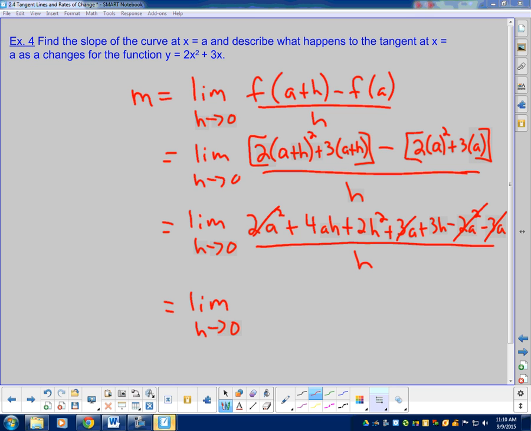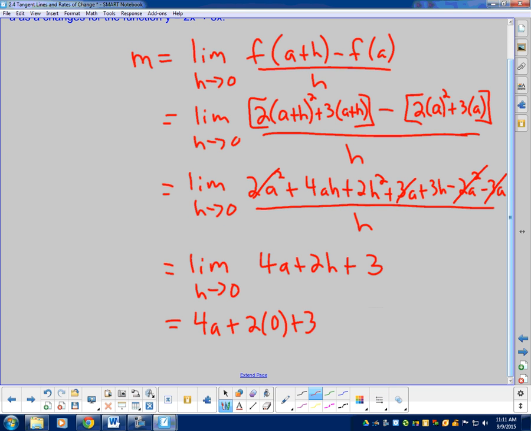It's okay. We have 4a plus 2h plus 3. Did I get it right there? Over 1, so we don't need to even write that. So there it is. And then my final step is plug in 0. So this equals 4a plus 2 times 0 plus 3, which is 4a plus 3.